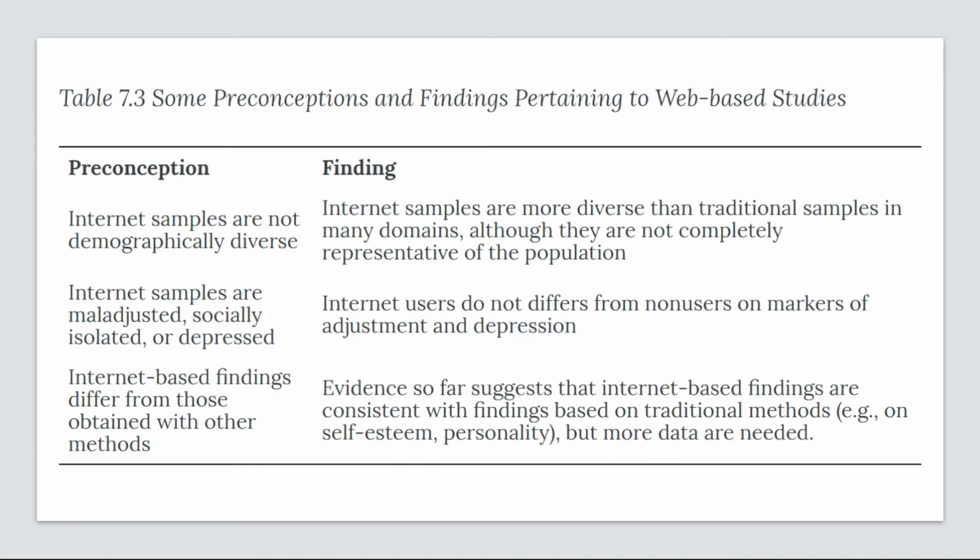The preconception that internet samples are maladjusted, socially isolated, or depressed is unfounded. Internet users don't differ from non-users on markers of adjustment and depression. And finally, that internet-based findings differ from those obtained with other methods has been a common concern regarding online data collection. However, evidence so far suggests that internet-based findings are consistent with findings based on traditional methods, for example, on self-esteem or personality, but more data are needed.